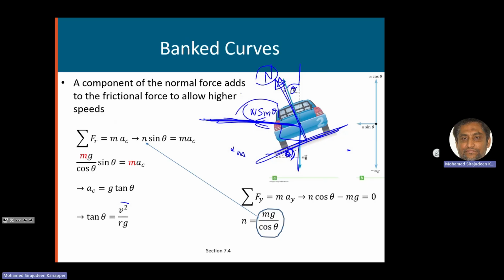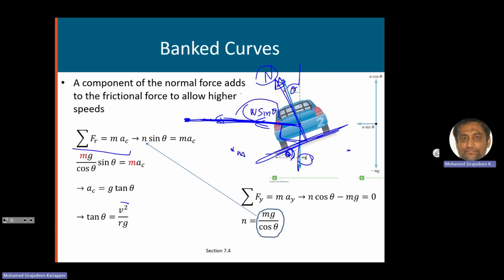So the circular path is like that. So the centripetal acceleration direction will be here. The center of the circle is here. What about mg? Can mg help? No. mg is making a 90 degrees. The direction of mg is still vertical. Only the direction of N is at an angle to the vertical. So the force is N sine theta.